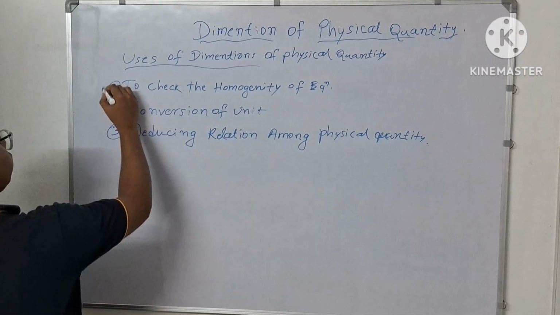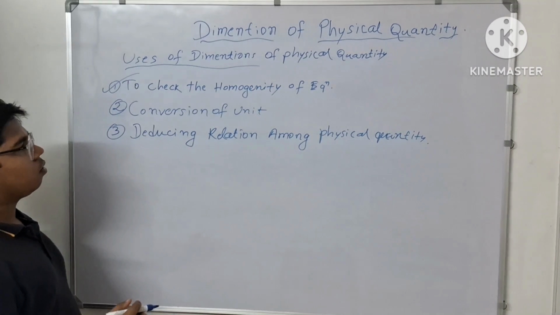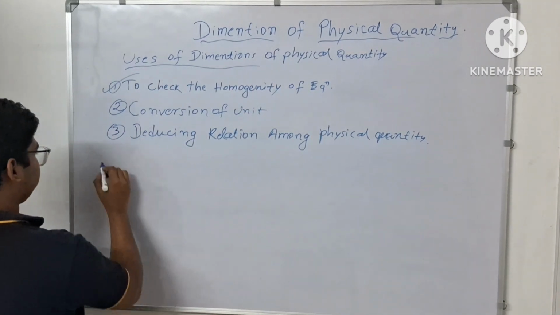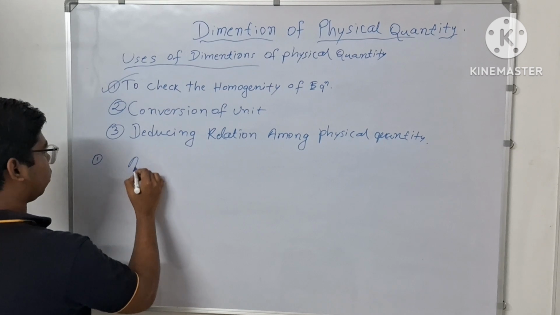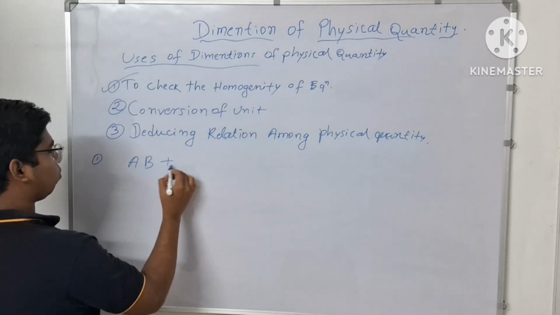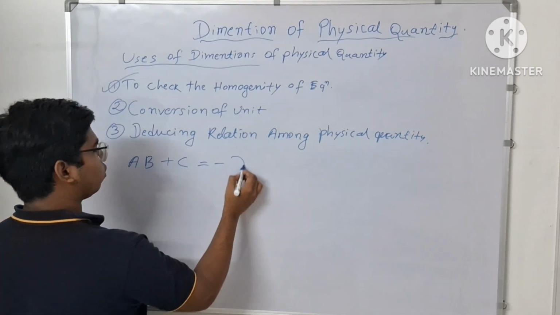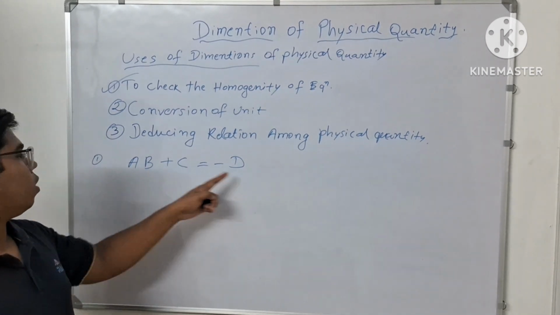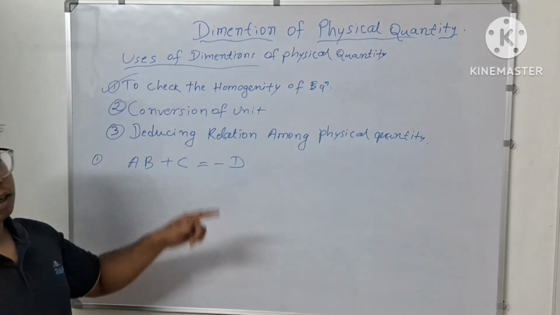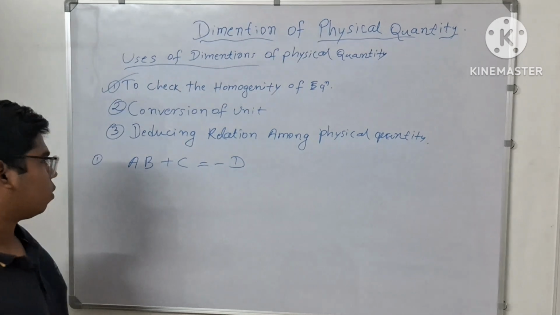So first we will see how to check the homogeneity of equation. Let's consider an equation AB plus C equal to minus D. In this kind of equation, A, B, C, D are all physical quantities.